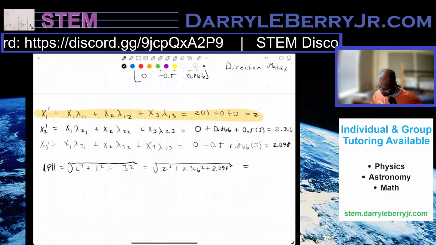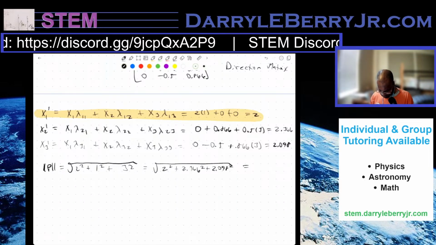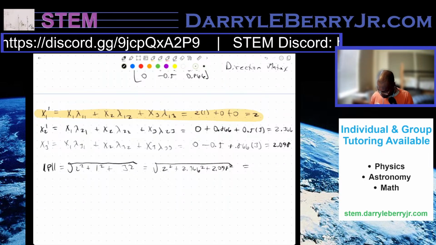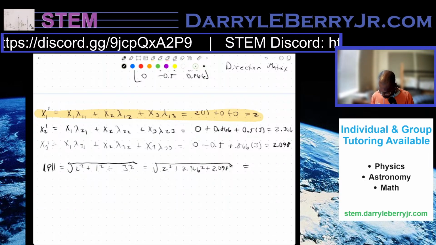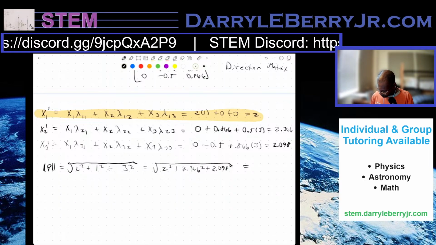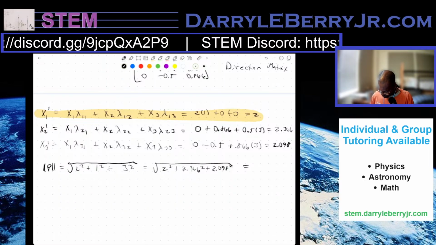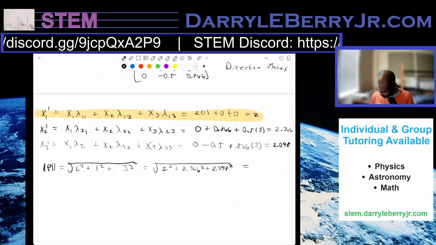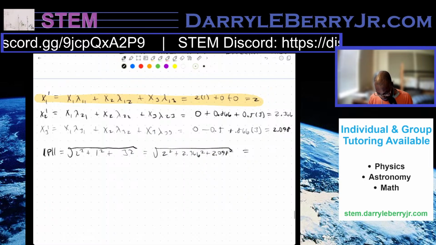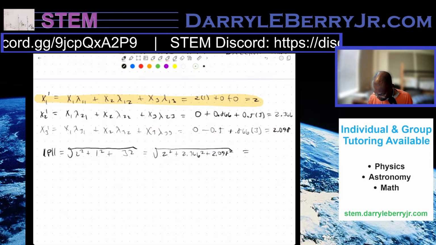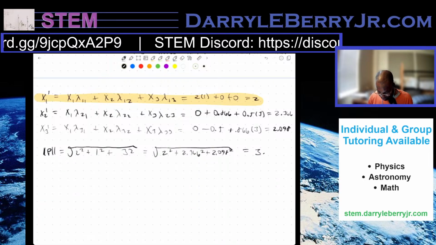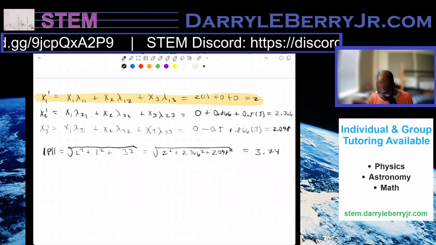So let's see. Yep, it's almost exact. Of course, I'm sure the calculator rounded some, but they do equal 3.742.